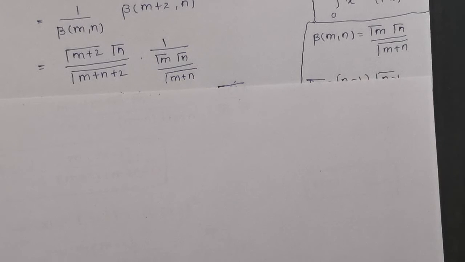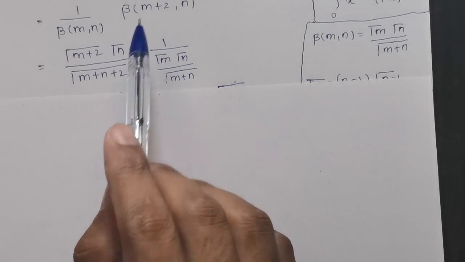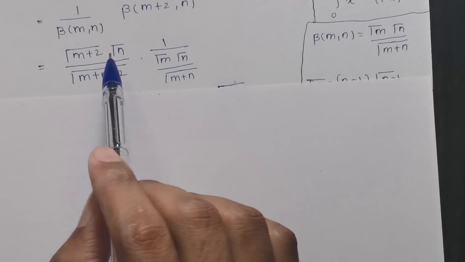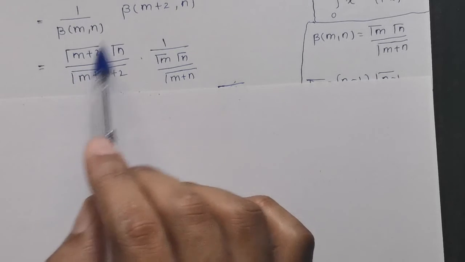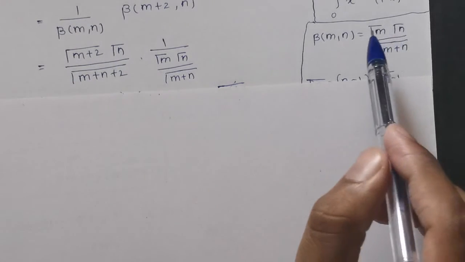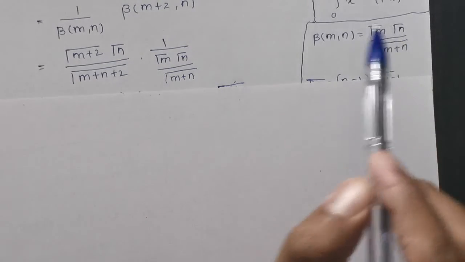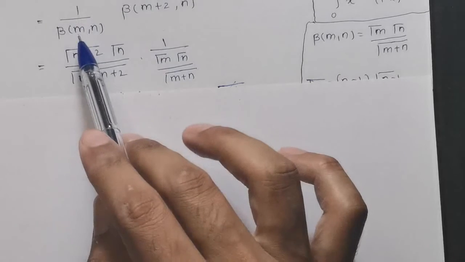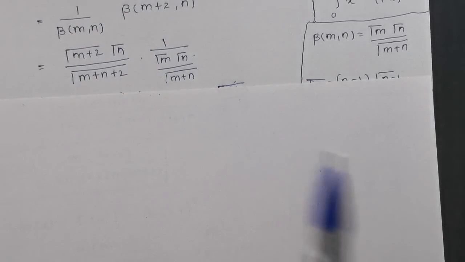Now I write the beta function in the form of the gamma function: gamma m plus 2 gamma n divided by gamma m plus n plus 2, since beta mn is equal to gamma m into gamma n divided by gamma m plus n. Again, 1 upon beta mn is 1 upon gamma m into gamma n divided by gamma m plus n.